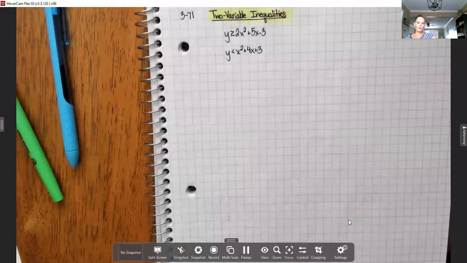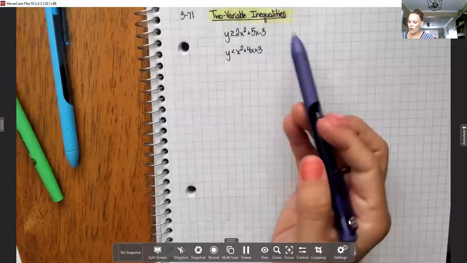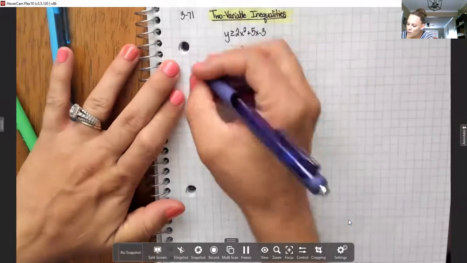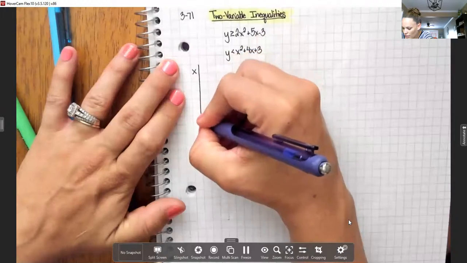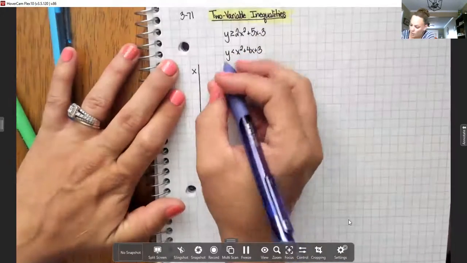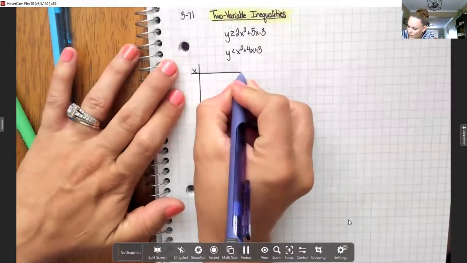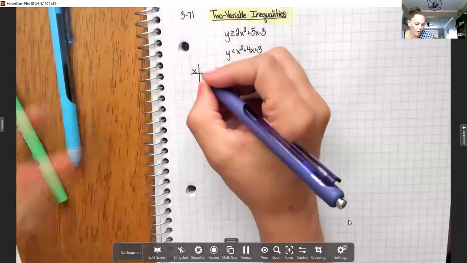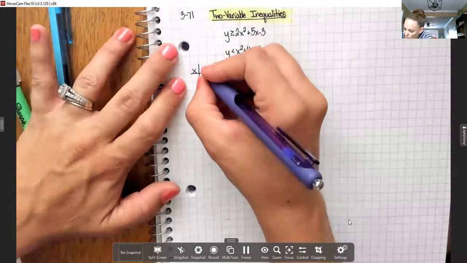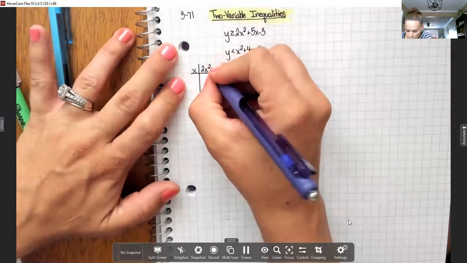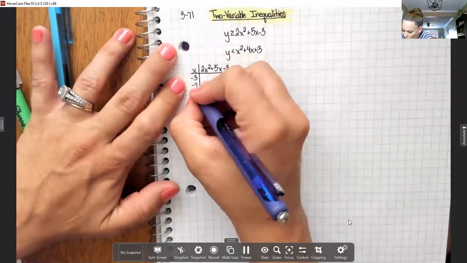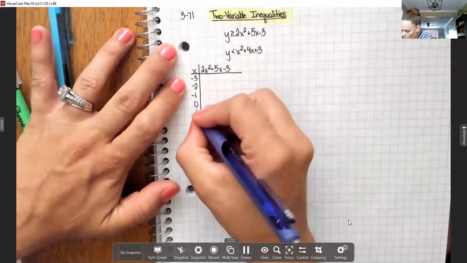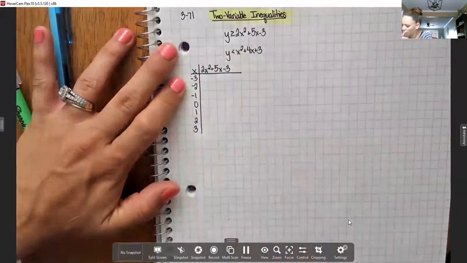The way I would recommend doing this, if you want to figure out what these look like to graph them, is to make tables anytime I have a two variable inequality. Here, I'm going to have x. Then instead of writing y, I'm going to write what I plug it into: 2x squared plus 5x minus 3. I'm going to go from -3 to +3 for x.